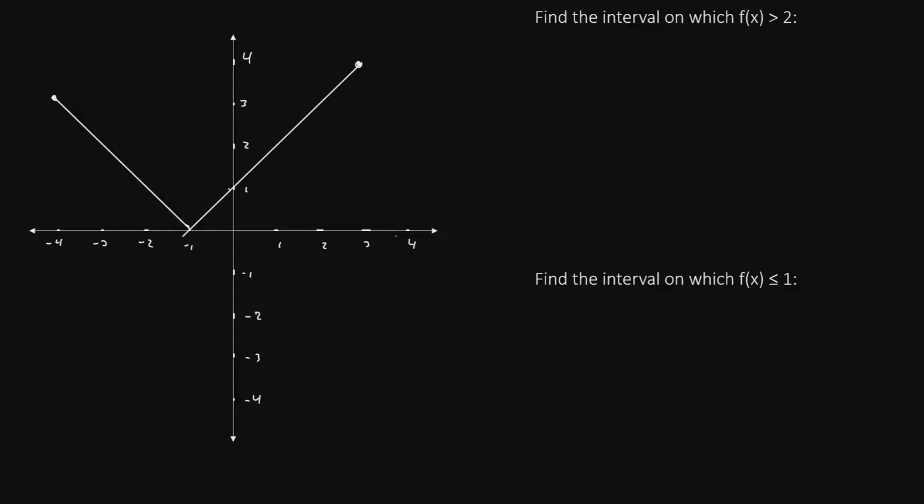What we'll need to do first is draw a horizontal line, and we want that horizontal line to intersect the graph at y equals 2. Then we can find the x values where the graph is above that line.